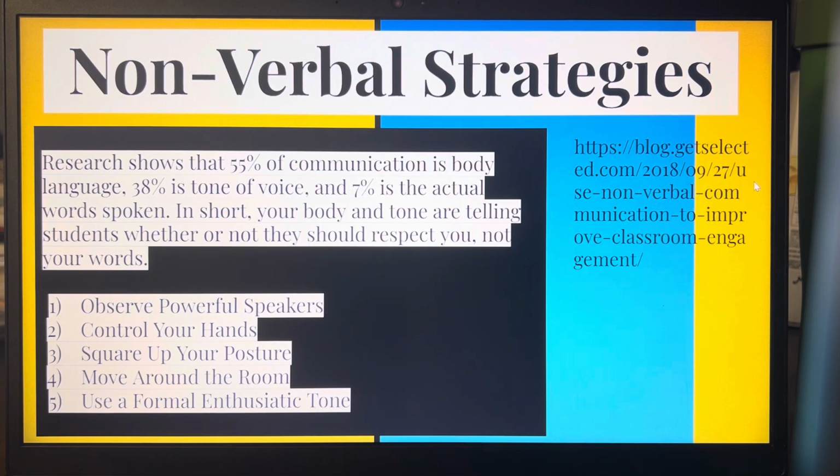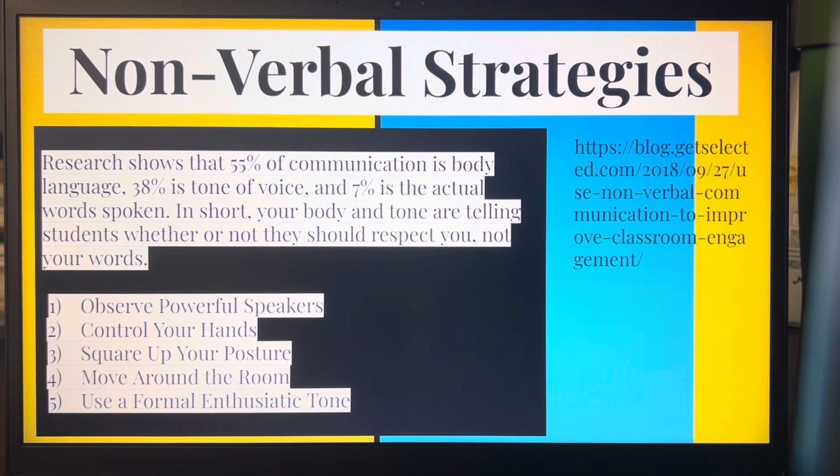And a lot of nonverbal strategies are derived from your body language. Is it welcoming? Is it not? And also the tone of your voice. Are you loud? Does your tone seem, I hate the word aggressive, but is it a bit aggressive, or can it be assertive? Some tips on nonverbal strategies are, be aware of where your hands are, your posture, moving around the room.